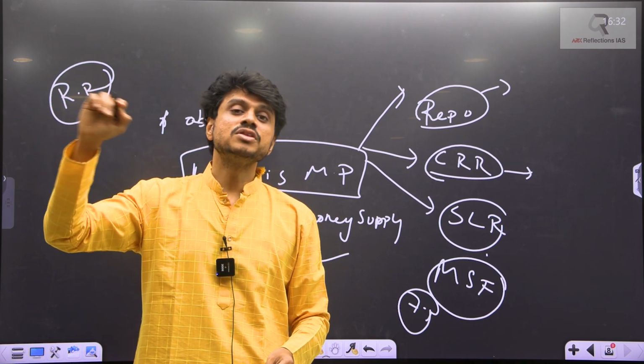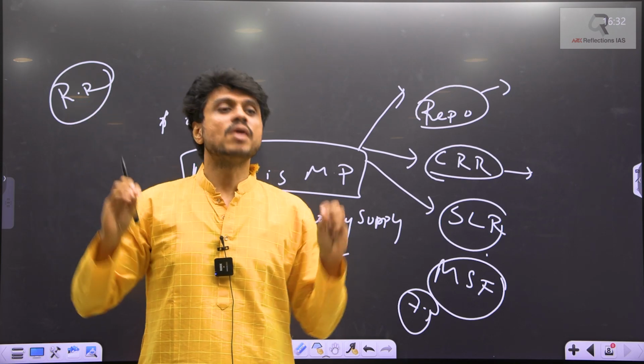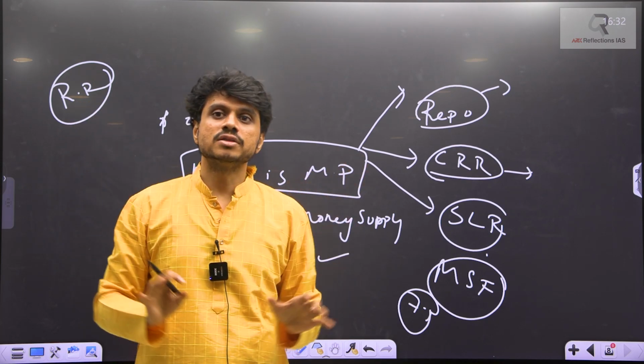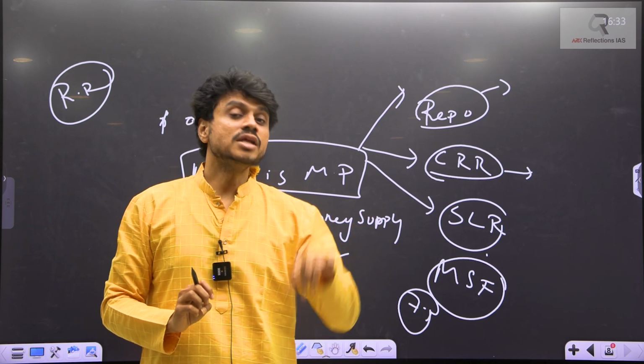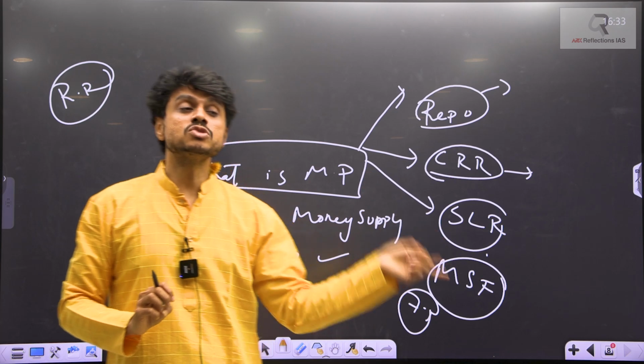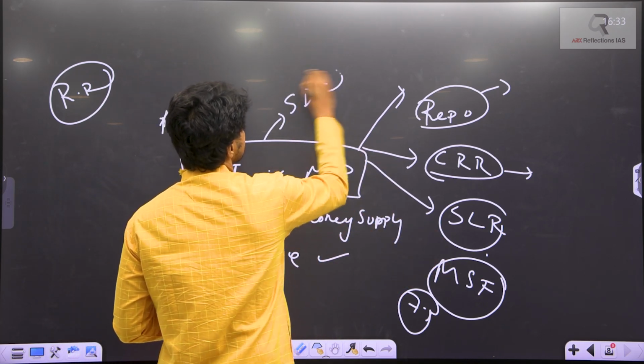Even during the COVID time period, the government used to push more money. So there was more money supply in the market and this was increasing inflation. In that case, RBI introduced one more tool called the standing deposit facility.